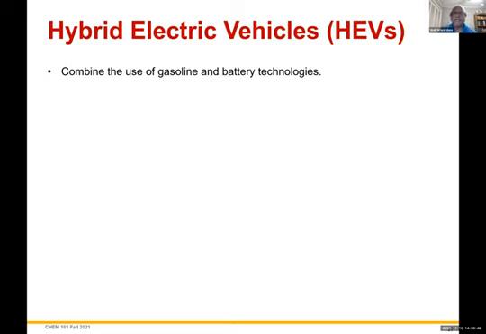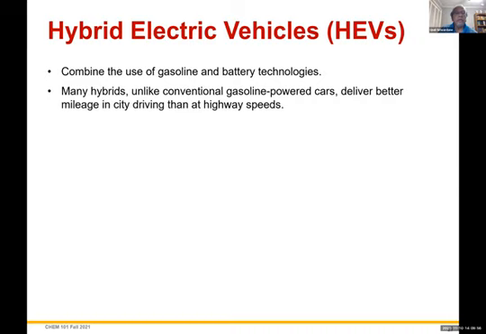Hybrid vehicles have higher miles per gallon. Many hybrids, unlike conventional gasoline-powered cars, deliver better mileage in city driving than highway speed.